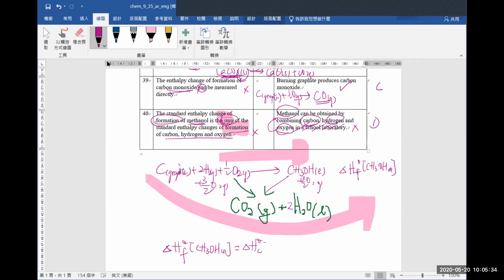Combustion of graphite, plus 2 times delta H of combustion of hydrogen. And then delta H of combustion of methanol, we've got a negative value, okay? Delta H of combustion of methanol.